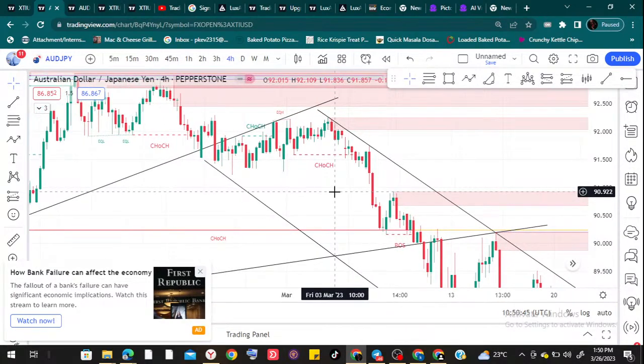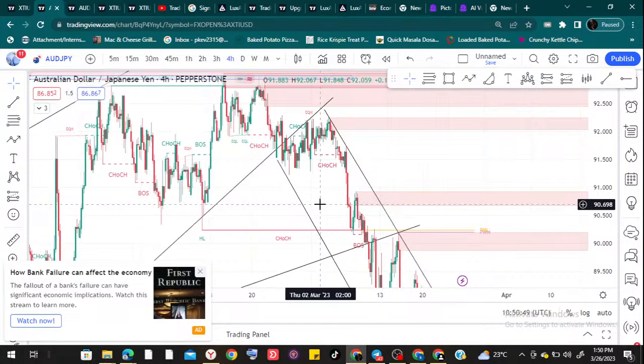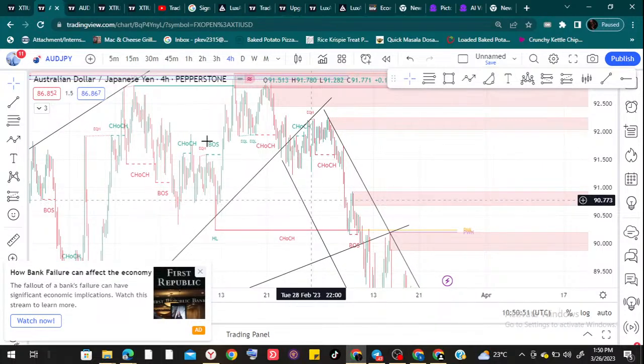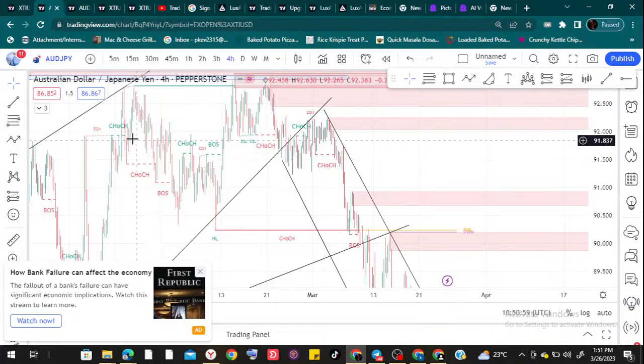Let me just start with this so that you can understand. It's not a guarantee that it will always be right. You can see right now we've had change of character multiple times.